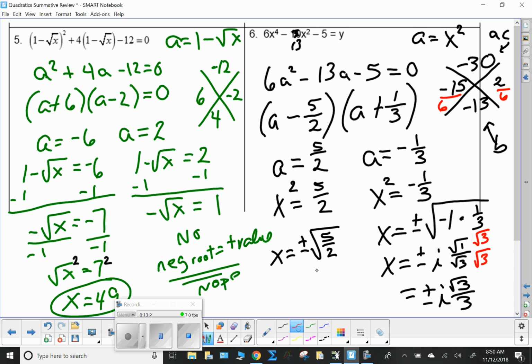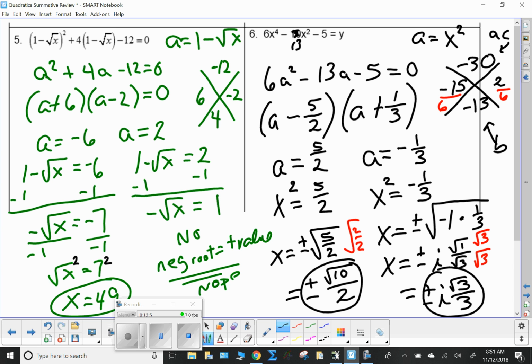Again, since I can't leave the 2 in the denominator, I'll multiply by a form of 1, the square root of 2 over 2. And this will give me plus or minus the square root of 10, 5 times 2 is 10, over 2, because the square root of 2 times the square root of 2 is 2. So here are my 4 answers, 2 real, 2 imaginary.